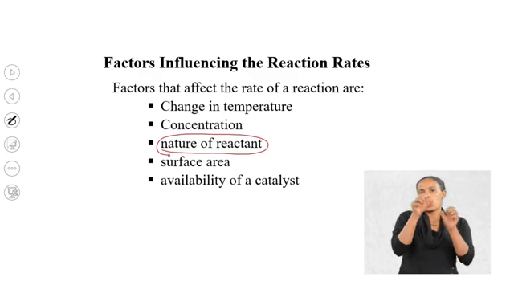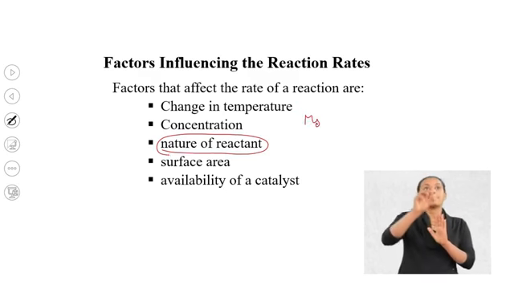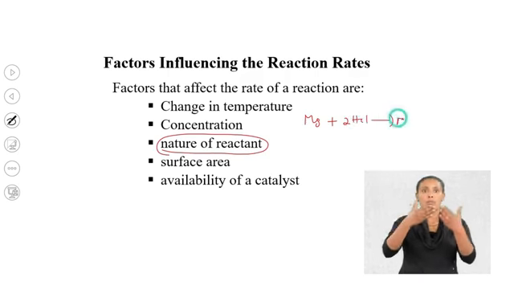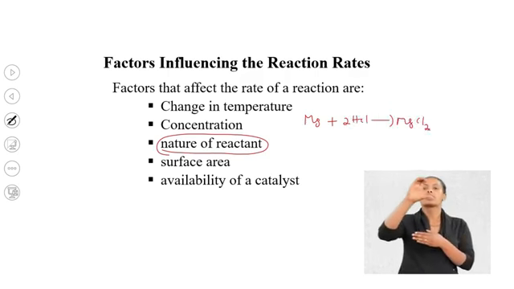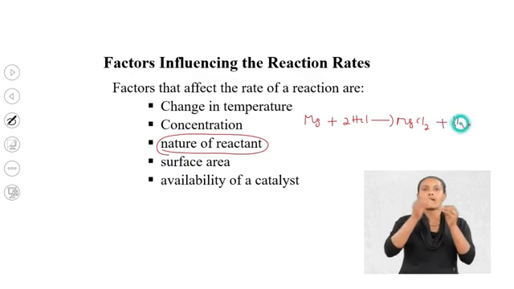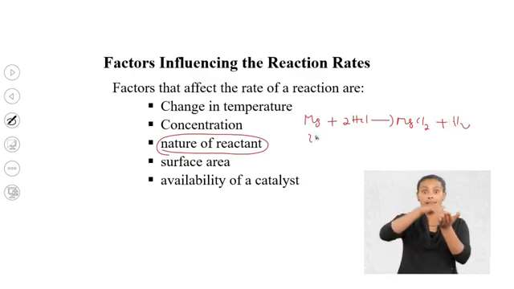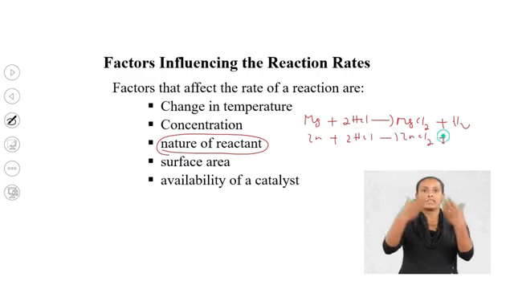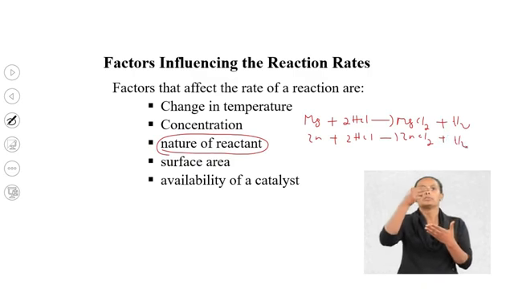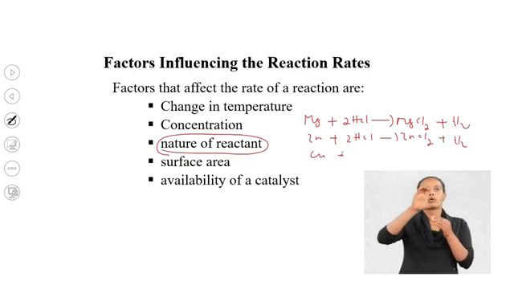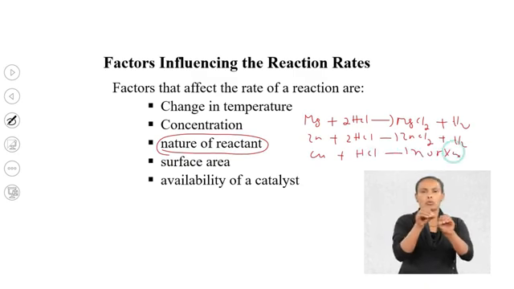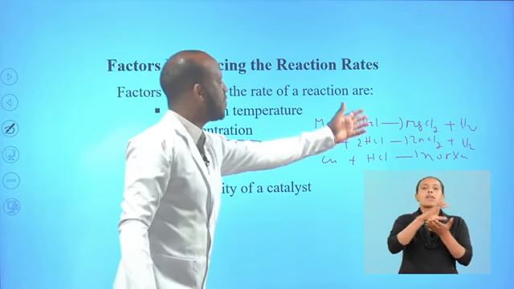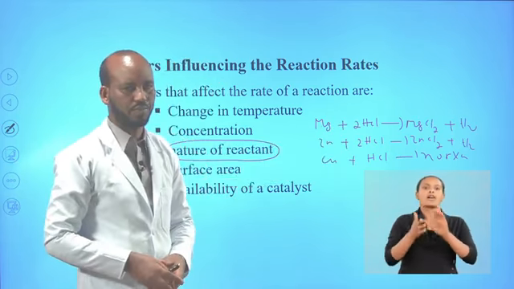You can take this as an example: magnesium plus hydrochloric acid to form magnesium chloride plus liberation of hydrogen gas H2. Again, zinc plus hydrochloric acid HCl to form zinc chloride plus hydrogen gas liberated. Copper plus HCl, no reaction. Now this is chemical behavior of reacting substance.